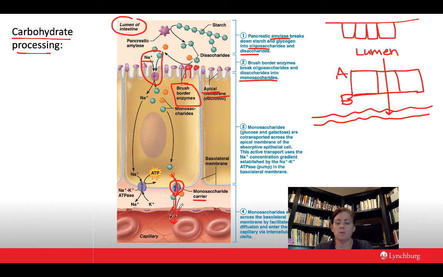And so they are going to be fenestrated capillaries that allow substances to pass through. And that's exactly what we're seeing here. So they're going to enter the capillary bed.